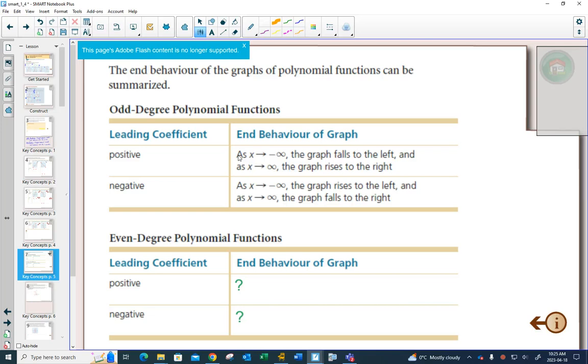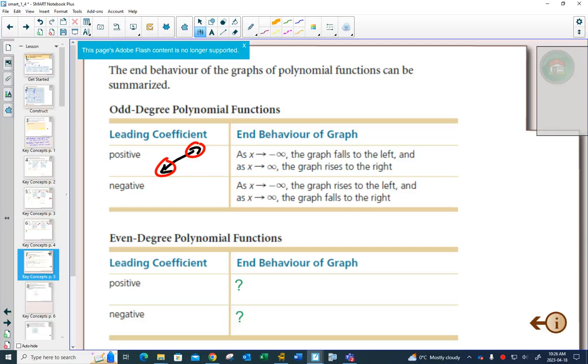This is what they've got, and I've told you if it's an odd one and it's positive, you have to think of a line. How easy is this to remember? Super easy. If you had to memorize, as x goes to negative infinity, the graph falls to the left, and as x goes to positive infinity, the graph rises to the right.